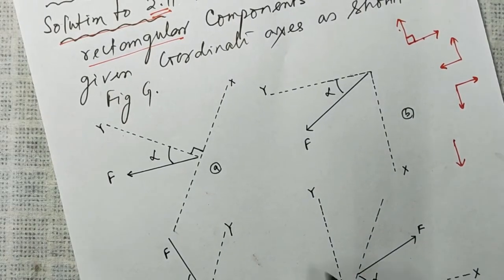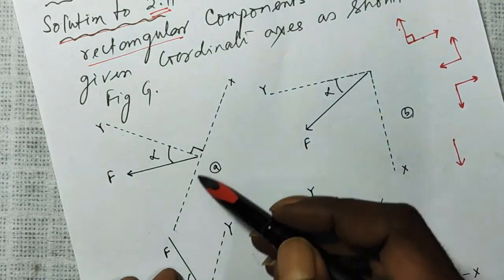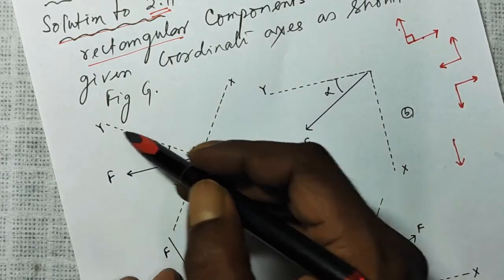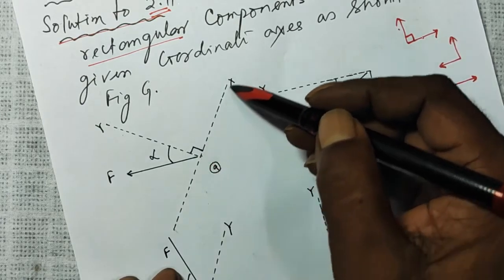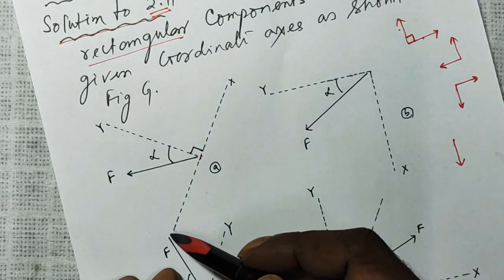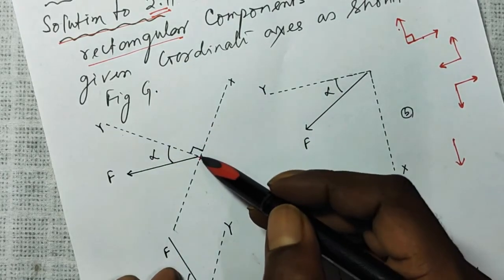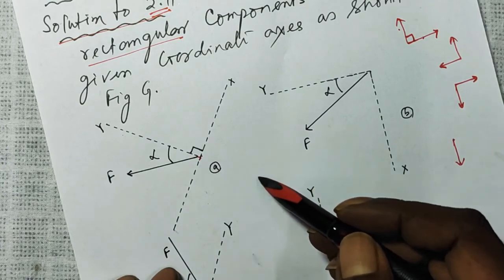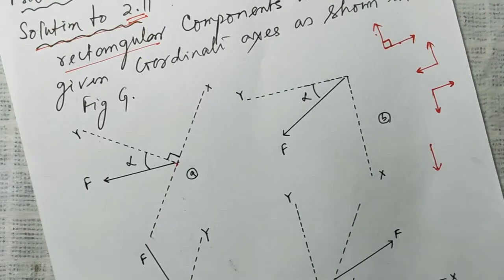Now look, in the first one, this is your x-axis and this is your y-axis. When I say x-axis, from this point onwards is positive x-axis, and from this point downwards is negative axis. So this is your positive y-axis. To this side there is no line drawn, so to this side is your negative y-axis.